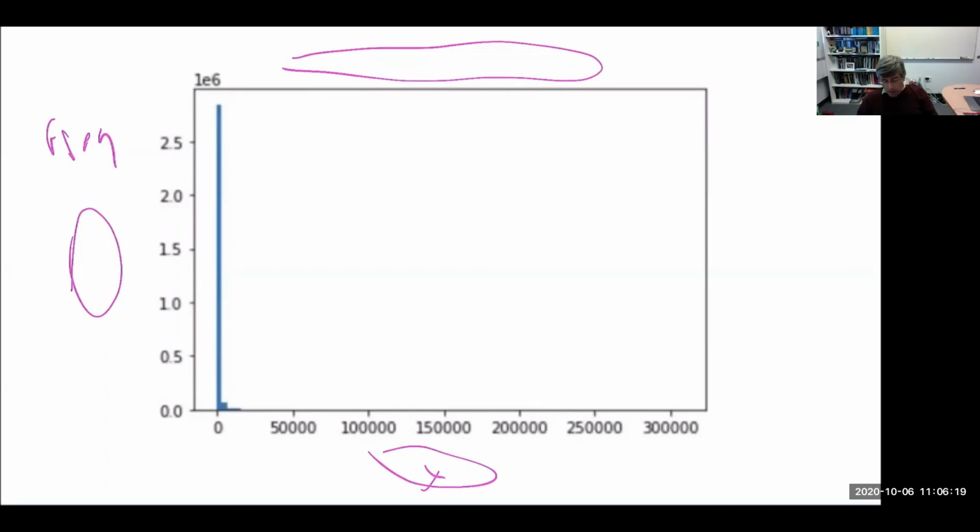Maybe if you plotted x on a log scale, or maybe if you deleted a small number of outliers and just showed me this range blown up, there would be more buckets here, and that big mass would not all appear in one bucket, but spread out. This tells me nothing, but there are ways of seeing the data that would probably tell me something. Any questions?